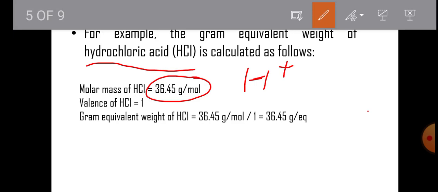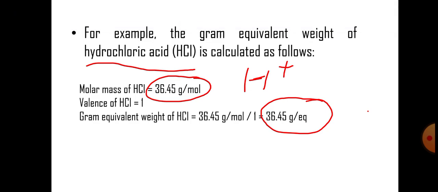To calculate the gram equivalent weight of HCl, we divide molar mass by valence. Therefore, the gram equivalent weight of HCl is 36.45. Very simple.